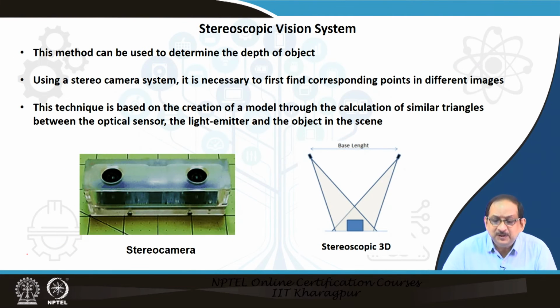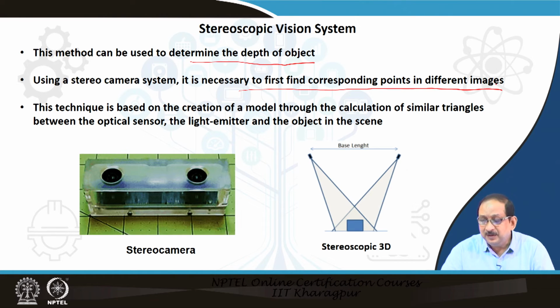Let us discuss the stereoscopic vision system. This system is used to determine the depth of the object. Using a stereo camera system, it is necessary to first find the corresponding points in different images. You can see a stereo camera. The stereo camera has 2 or more image sensors.